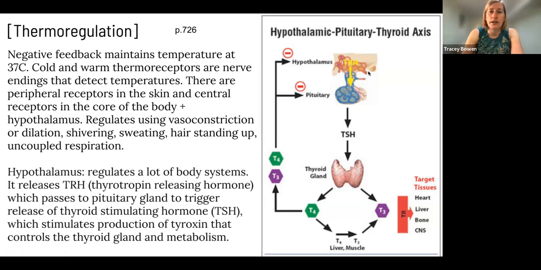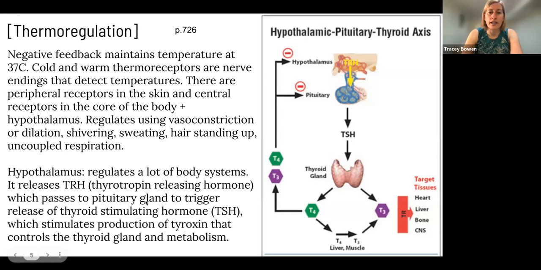The hypothalamus regulates a lot of the body systems. It releases TRH, which is thyrotropin releasing hormone, which passes to the pituitary gland, also in the brain. This is a very important area for a variety of hormonal signals.